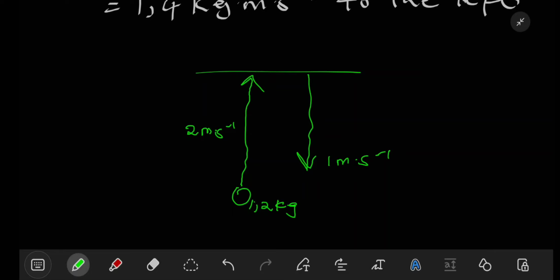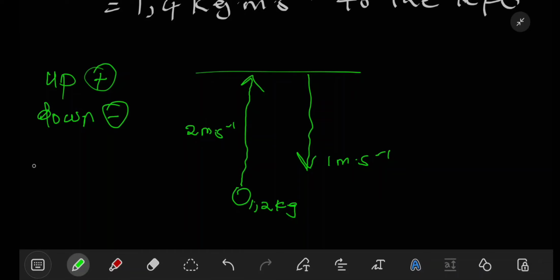Even in this case, you must first choose direction. In this situation we have up and down. We can choose up to be positive, which means down will be negative.